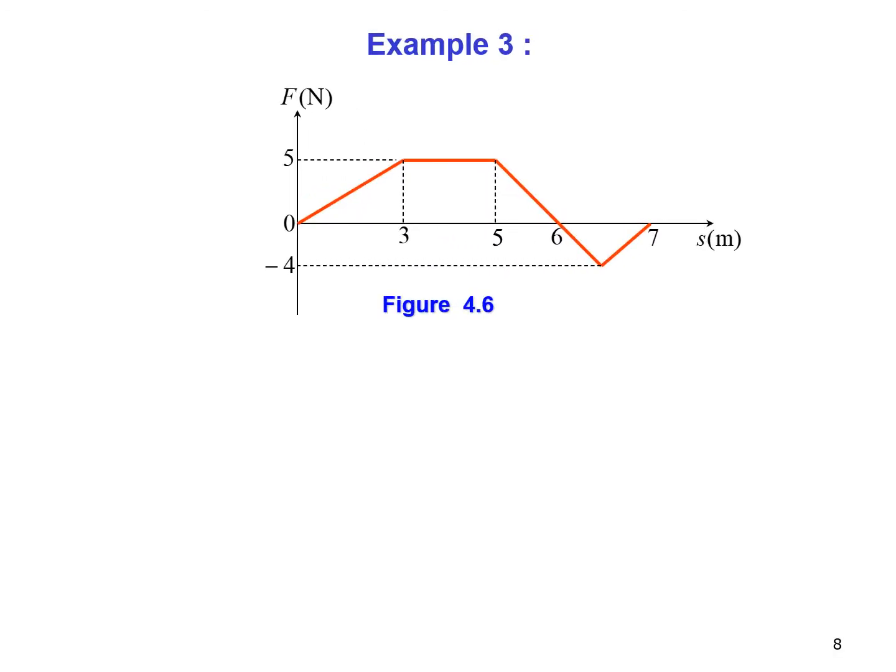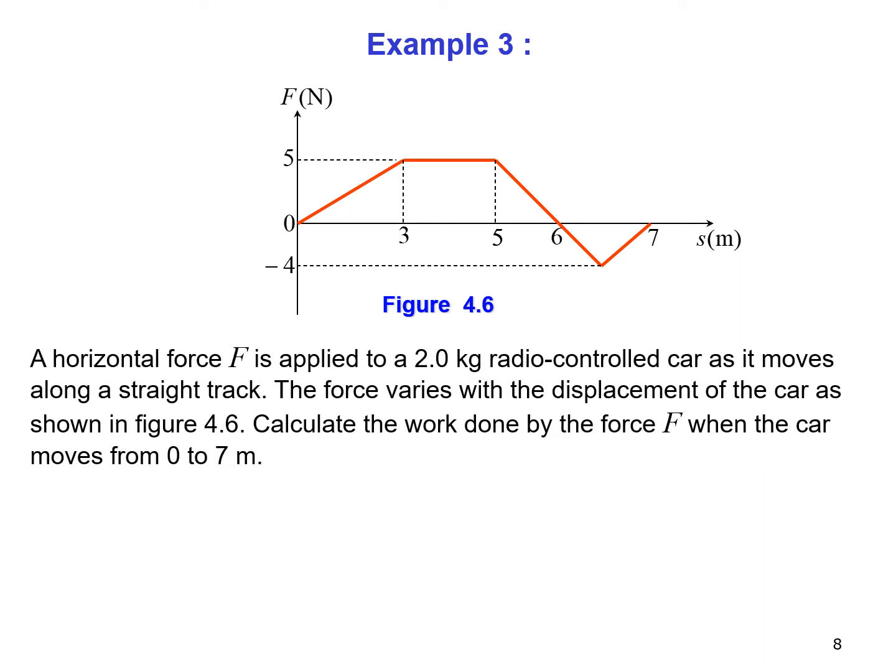Okay, for example 3, you have an F versus S graph, a force versus displacement graph. If you have such a graph, we can calculate the amount of work done, which is equivalent to the area under the graph. Here, a horizontal force is applied to a 2 kg radio control car moving along a straight track.